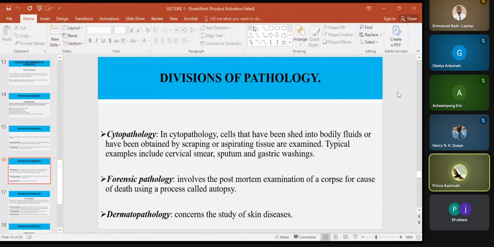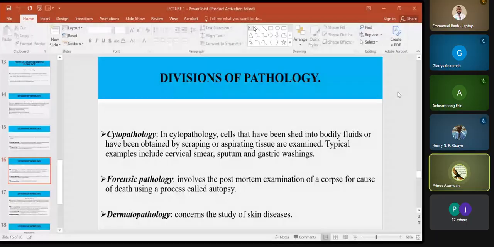Now, we can also look at cytopathology, as the name suggests, cyto, cells. So you go deeper into the cells to understand. It is this division that we are able to come out with blood groupings and all this.